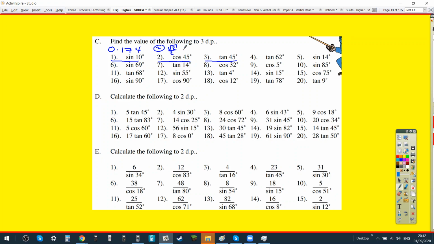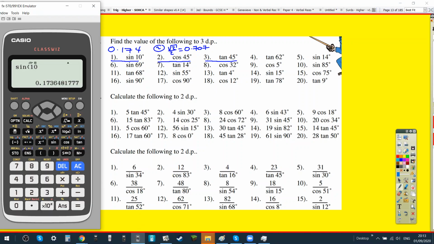Square root of 2/2, and press SD for what it is as a decimal. Okay. It's 0.707. And how about question 3? That is 1. 1, great.